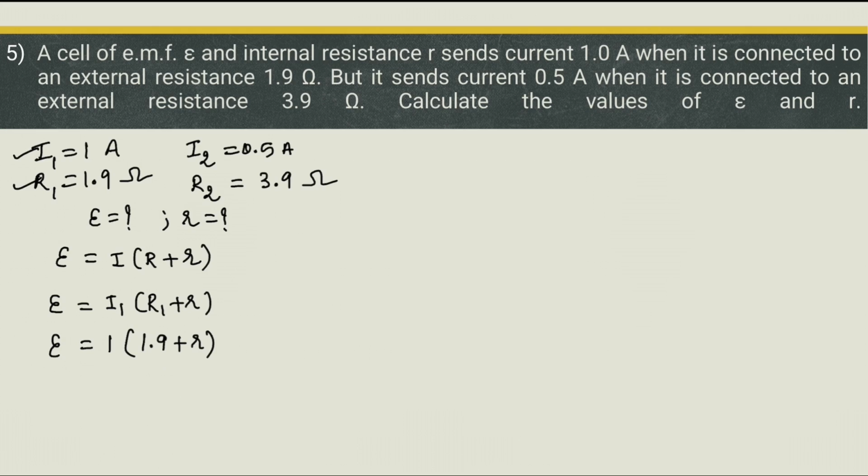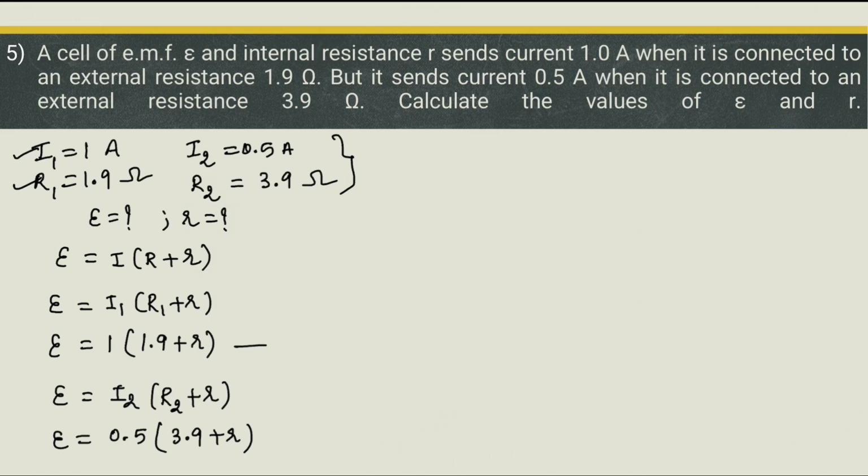So let us form the second equation using the second pair of information, that is EMF is equal to I2 into R2 plus small r. So EMF is equal to I2 is 0.5 into R2 is 3.9 plus small r. Equation 1, equation 2.